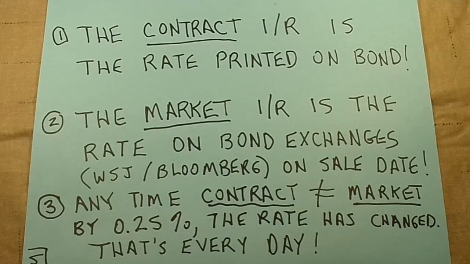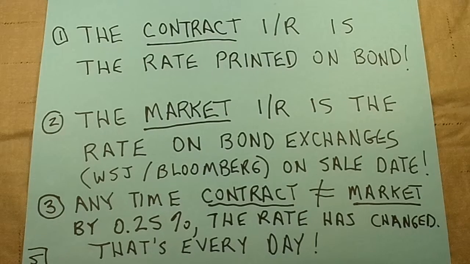I'm just starting you with this rate difference. It is 0.25%, which is far less than 1%. Anytime the contract and the market rate are off by a quarter of a point, let's say the market rate is 7% and the contract rate is 7.25%, that's a change.